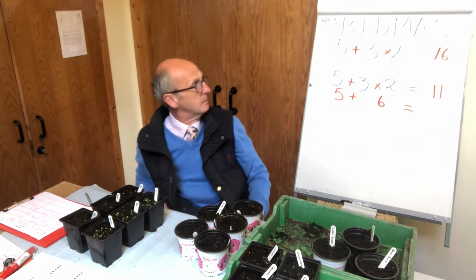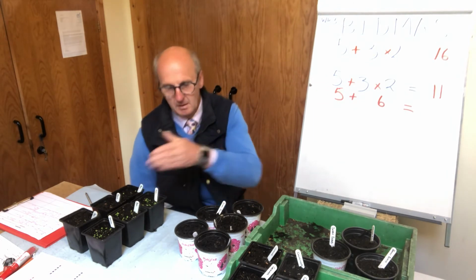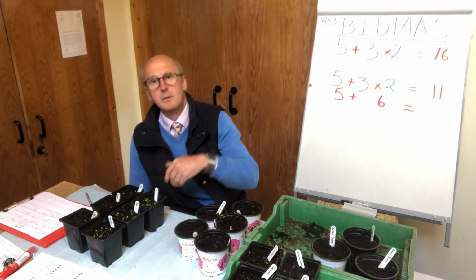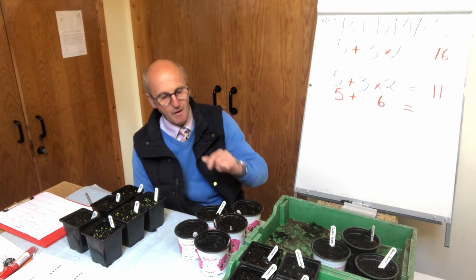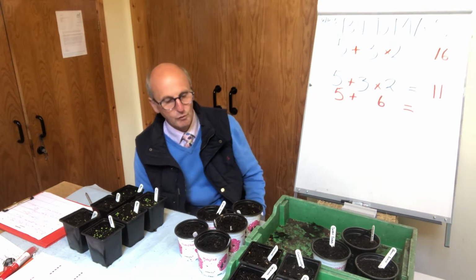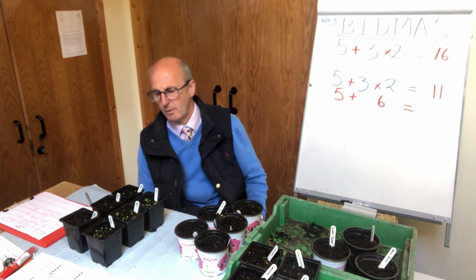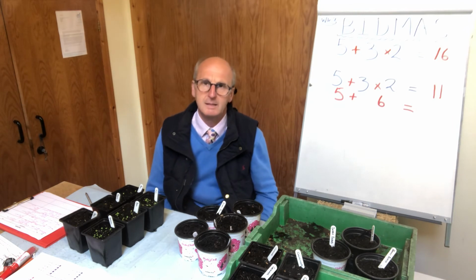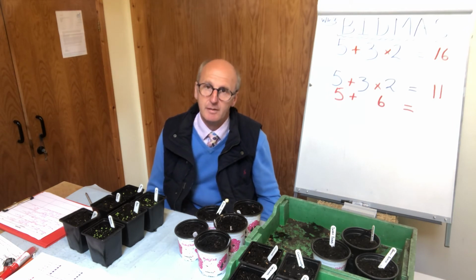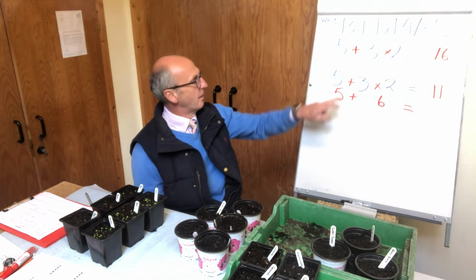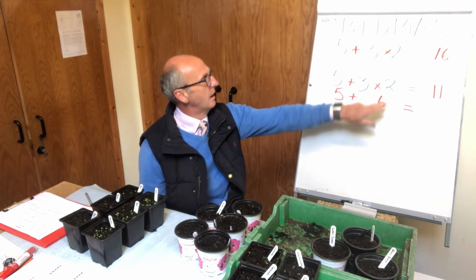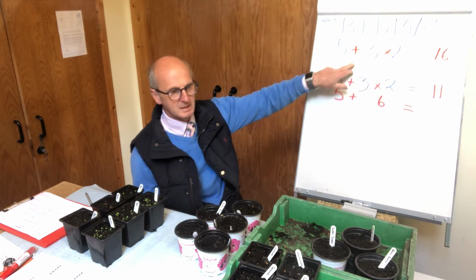There we go. 6 lots of basil plus 5 lots of dwarf beans. I'm going to end up with 6 plus 5, we all know that, is 11. All right? So that is the correct way of doing it. Otherwise, I'm going to end up with 16 plants.